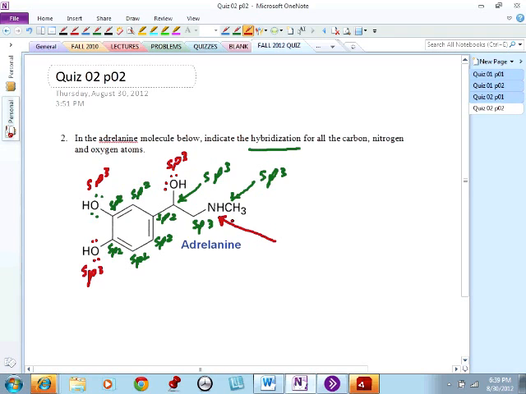How about the nitrogen? The nitrogen is sp3. Why sp3? That is correct, because it's bonded to 3 atoms, then it has a lone pair of electrons. Very good. So it is also sp3.